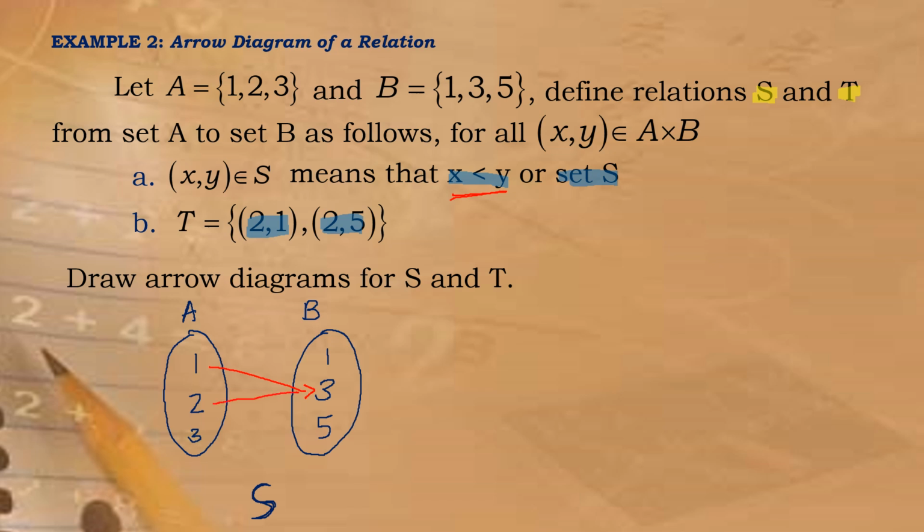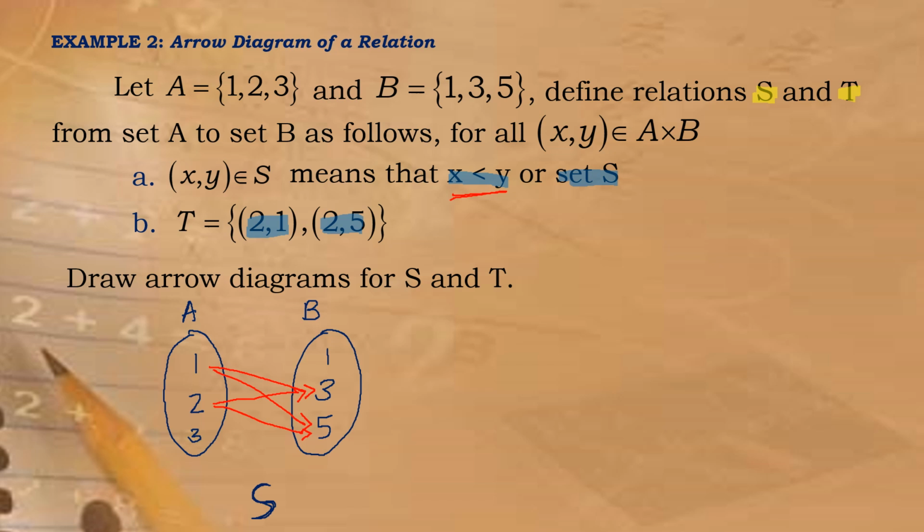We have (2, 3) because 2 is less than 3. We also have (1, 5) because 1 is less than 5. We also have (2, 5) because 2 is less than 5. So are there other ordered pairs that can be considered as relation S? Okay, not. So we have 1, 2, 3, and 4 elements of relation S.